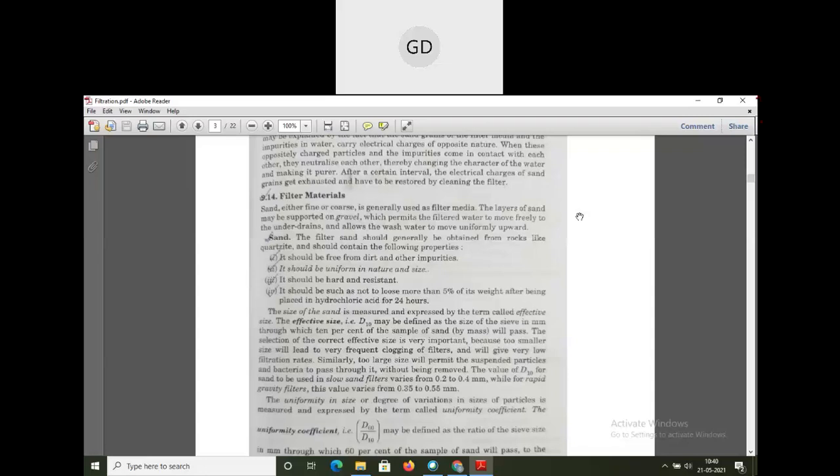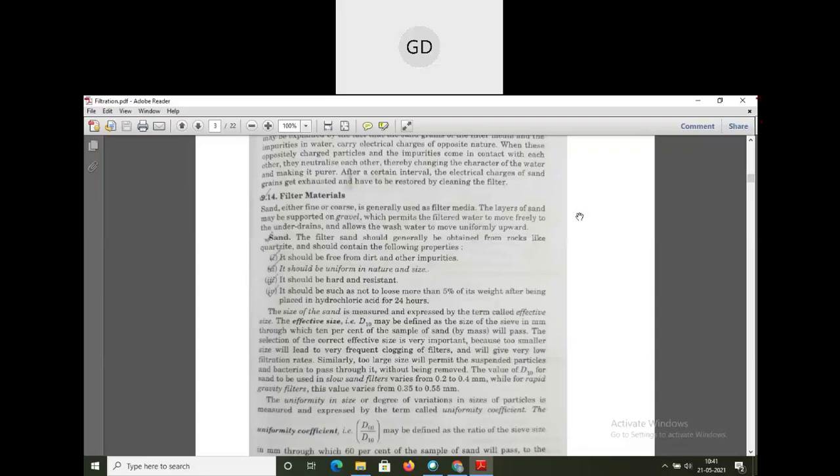Also this sand should have some properties. So what are the properties of sand that is used as a filter media? Number one, it should be free from dirt and other impurities. That is the first property.